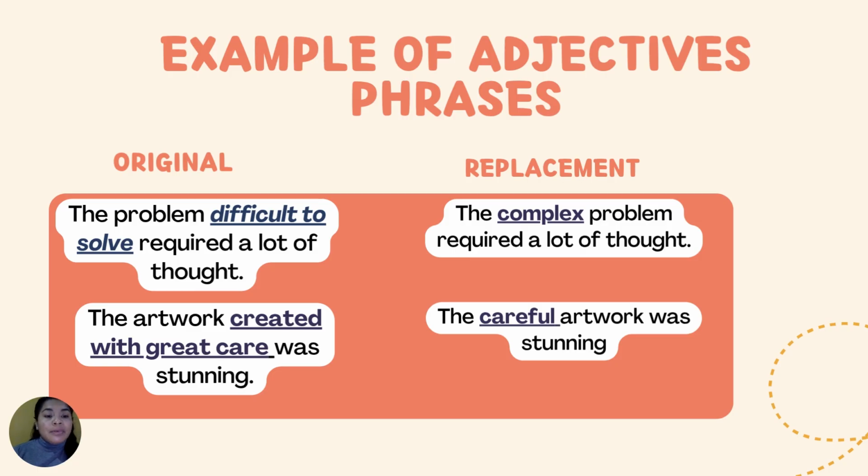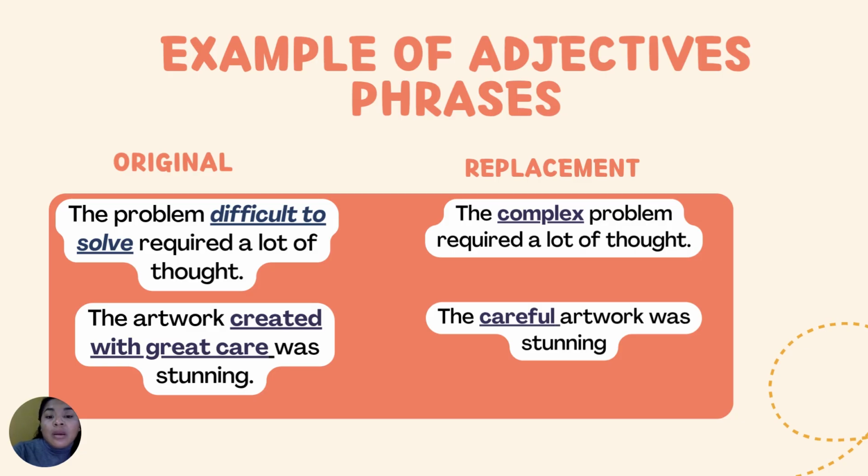The second example says, the artwork created with great care was stunning. So I look for an adjective to replace that, if that is possible, because sometimes I can underline more than that, and you have to see if you have a grammatical sentence, if it sounds great or not.